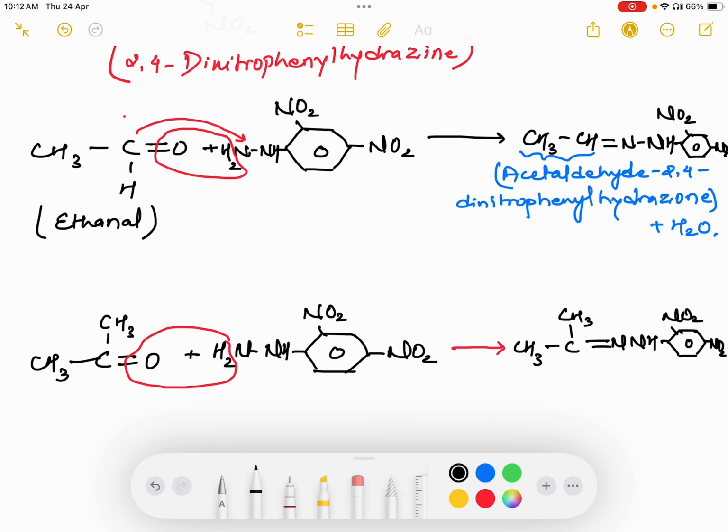So the product formed will be acetone 2,4-dinitrophenyl hydrazone, because we already know that this part is acetone.